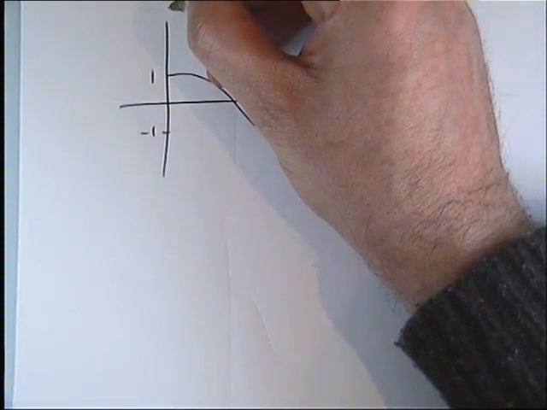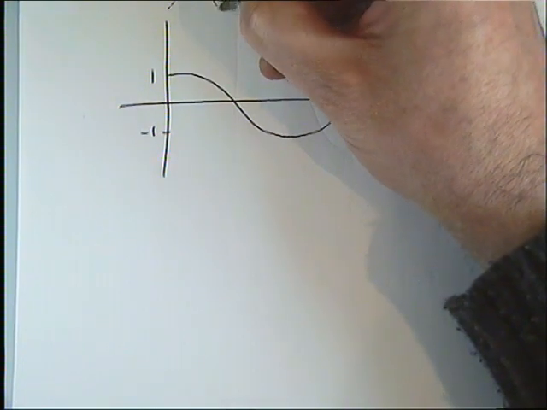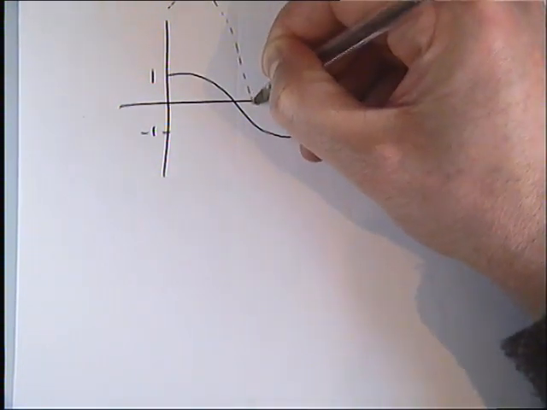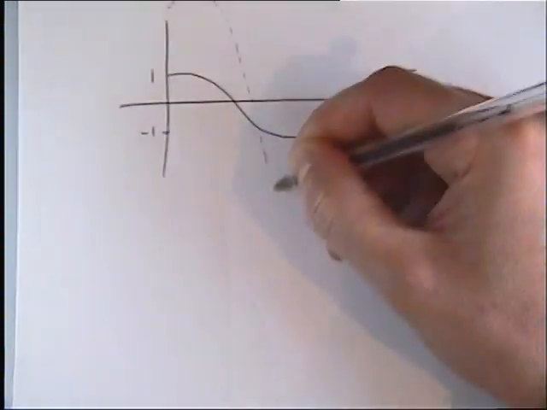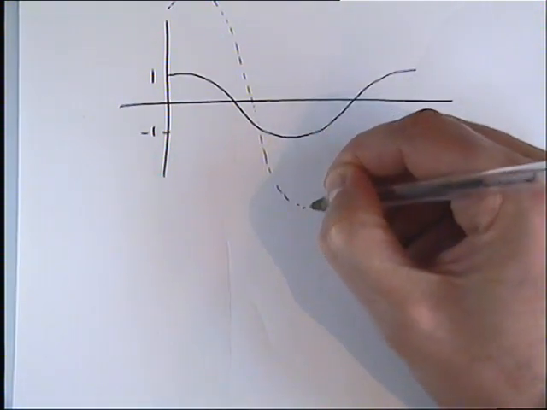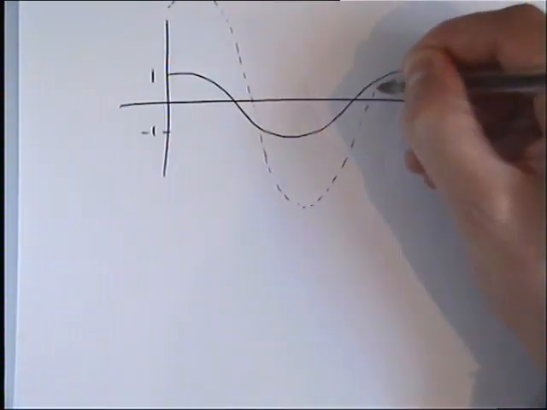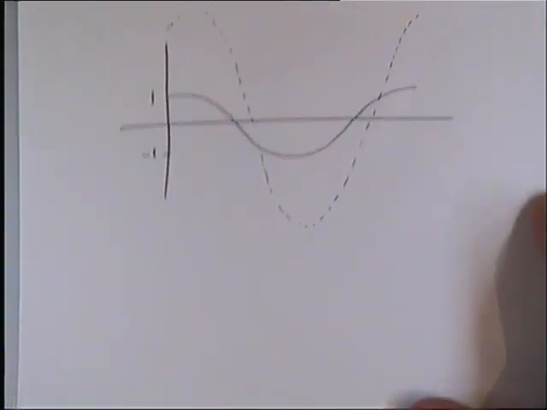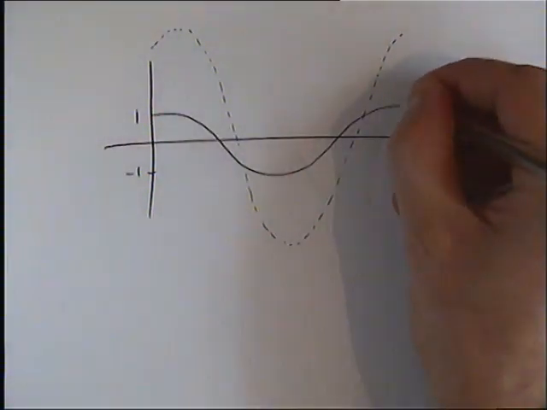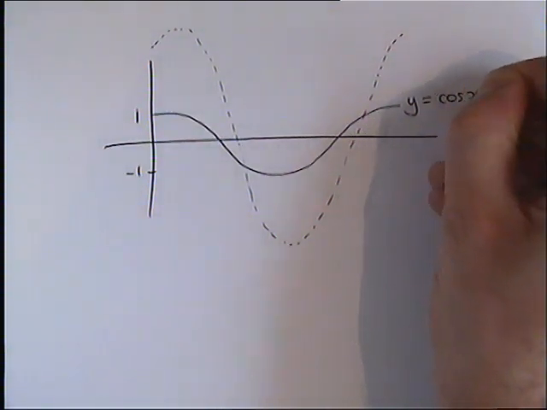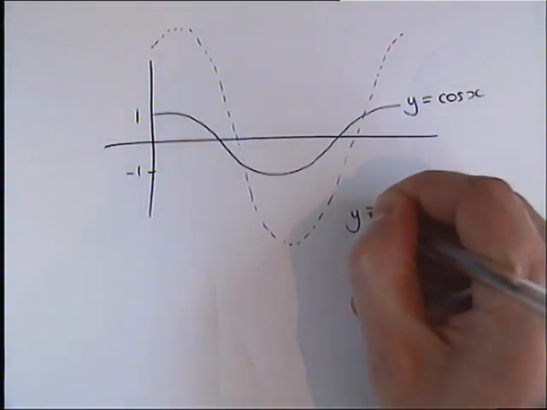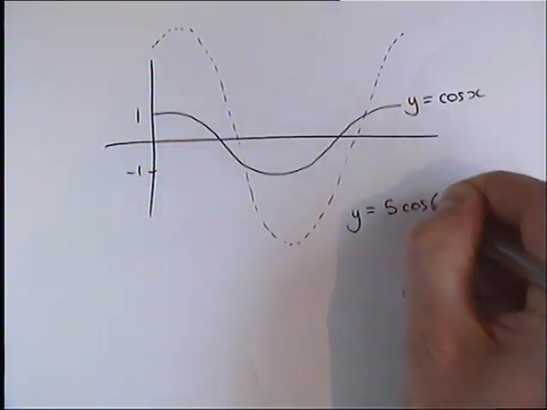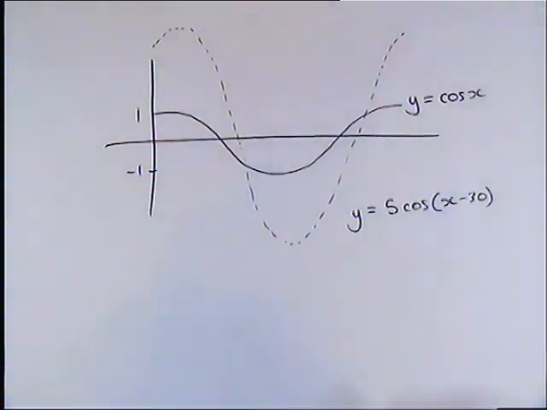If I just aim to roughly show you what that looks like, something along those lines. So essentially we've got the original graph y = cos x, and the graph we've been given, y = 5 cos(x − 30).